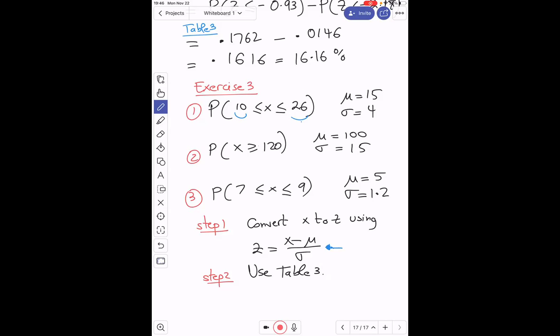And next, you'll see sometimes you need to actually convert z to x. You need to go from z to x, and of course it depends on the problem.